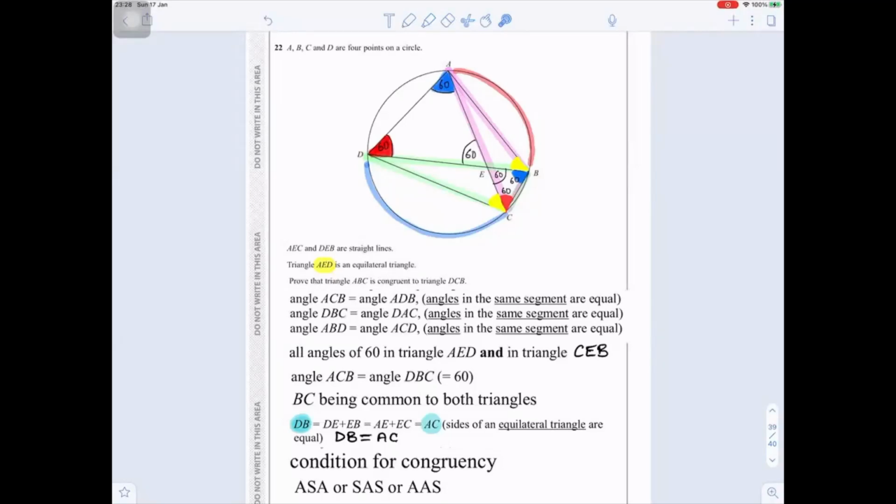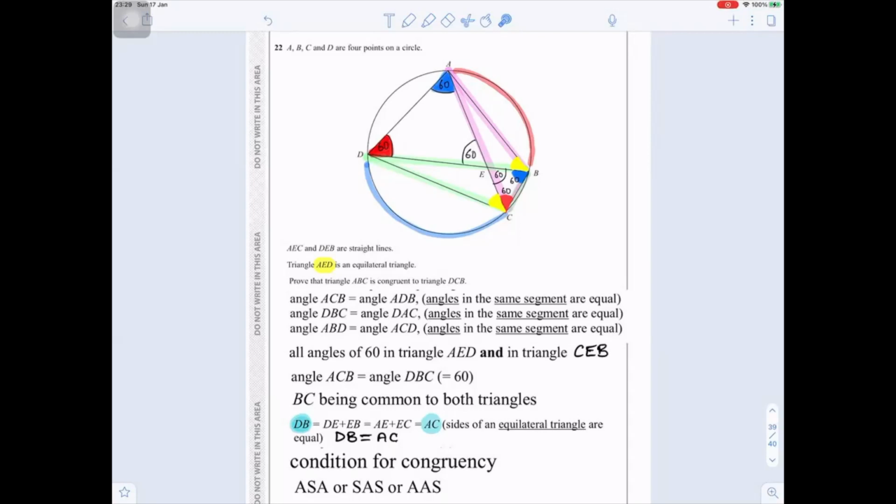And then another thing is all the angles are 60 degrees in the triangle AED. It's called an equilateral triangle. And BC is common to both triangles.